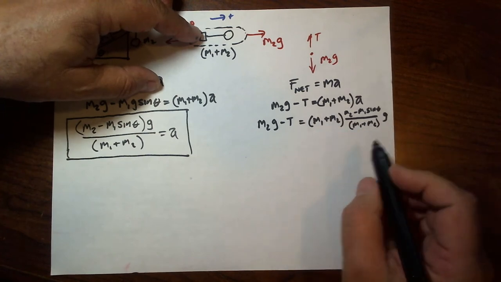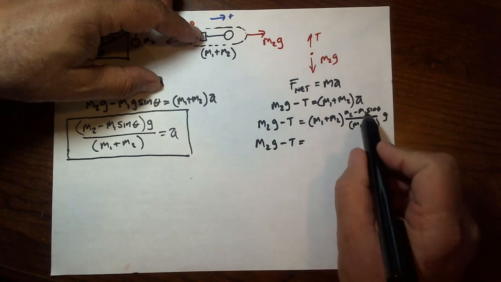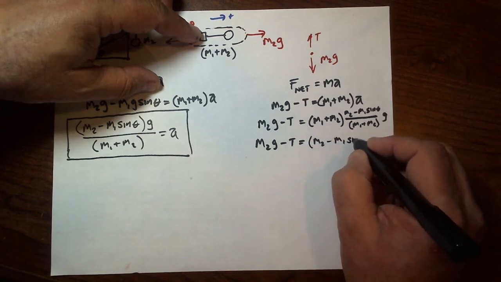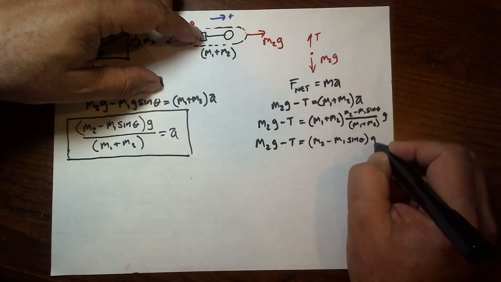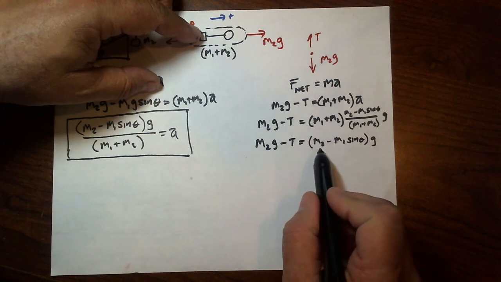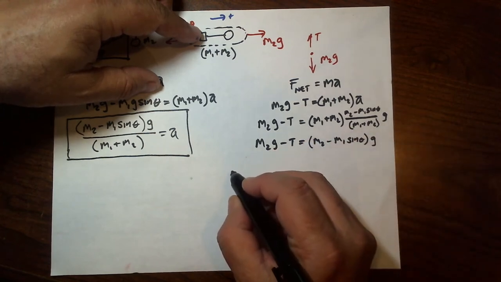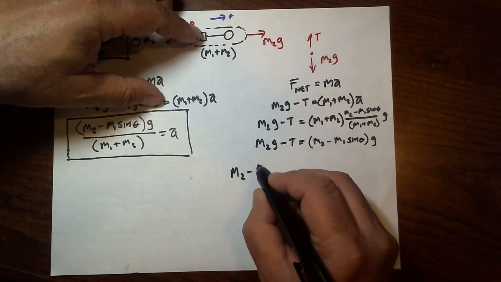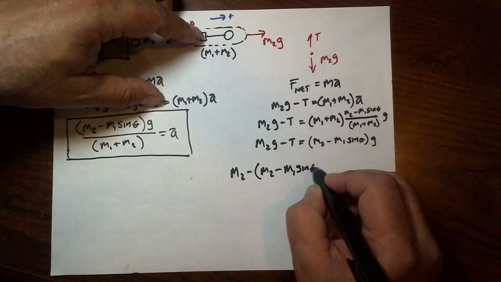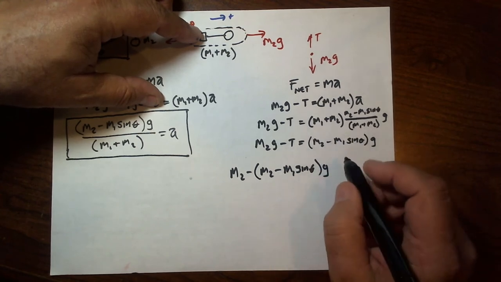Look at the cancellation we get here. So we're going to have m2g minus t equaling, now these two cancel, so all that's left is m2 minus m1 sine theta times g. Okay, we need to isolate t, so we're going to move him to the other side. It'll be a positive t. We're going to bring this to this side, so it's going to be m2 minus the quantity m2 minus m1 sine theta times g.